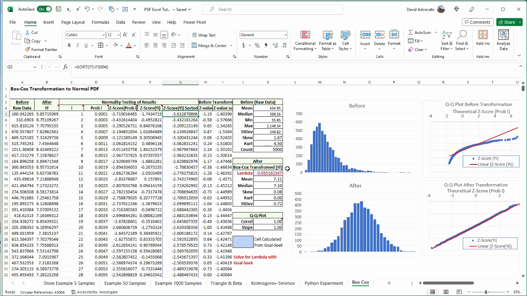So I think the big question is, how do you calculate lambda or solve for lambda in Excel? And what we did was, first off, we need to know what the correlation is between the z-score from our theoretical and the z-score from what we calculate from our transformed data. We want this to be 1. So we want a good correlation.